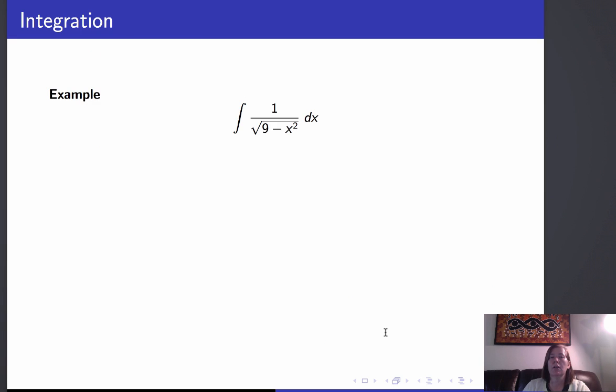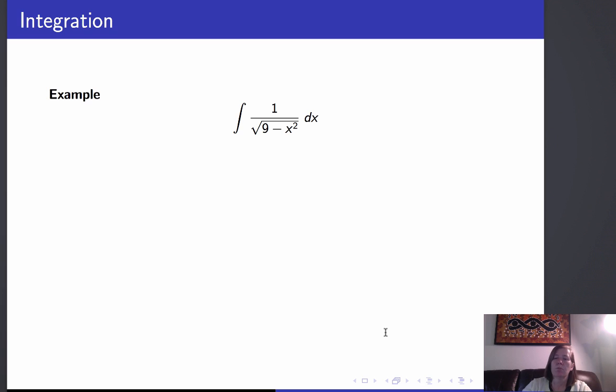Now this integral, our second example, looks similar to the integral in the formula for sine inverse, so we should try to find a substitution which reshapes it into the integral of 1 over the square root of 1 minus u squared.